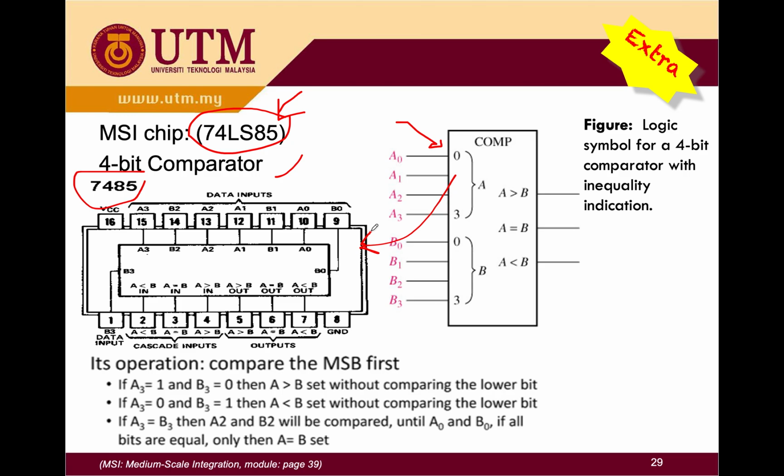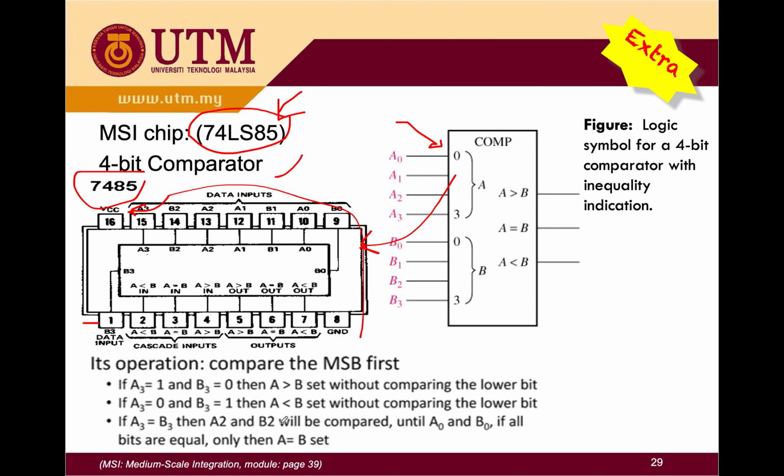You already learned how to count pins from 1 until 16 if you have a 16-pin chip. You can see that you have 8 inputs all together, because you basically have 2 numbers of input with 4 bits each, and you have 3 outputs.